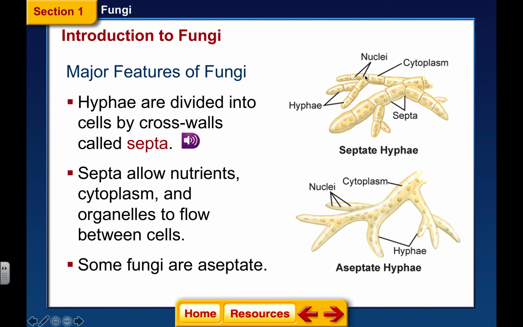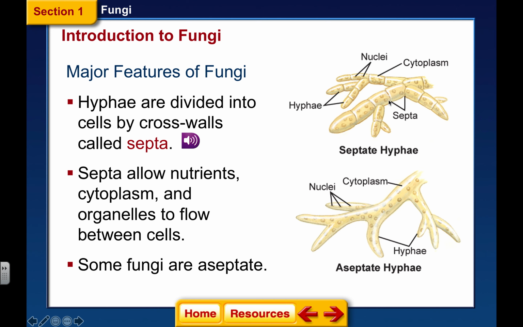So here you see the nuclei, the individual threads are the hyphae, the cross walls are called the septa, and of course there's cytoplasm. So one thing about these hyphae, with these pores, the organelles and the nuclei are free to move from one cell to the next.